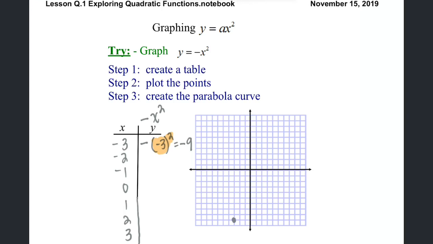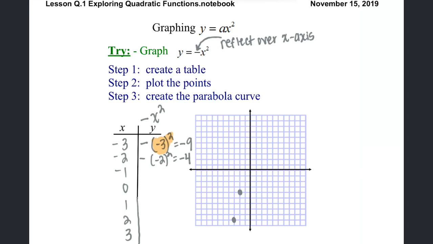So you put a -3 in, and you get a -9 out, which makes sense because this negative on the outside of the function is a reflection over the x-axis. So instead of opening up, we're going to open down for our parabola. -2, that would be the opposite of -2 squared. That would be the opposite of 4.